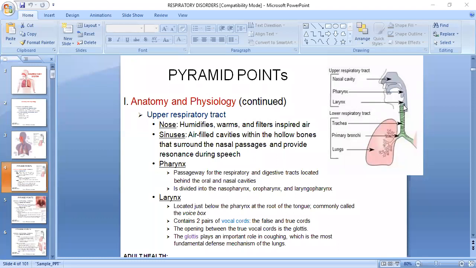If anybody is a smoker, they have a chance of developing vocal cord carcinoma. If anybody is a singer, right, they have a chance of developing vocal cord problems because they use it too much.